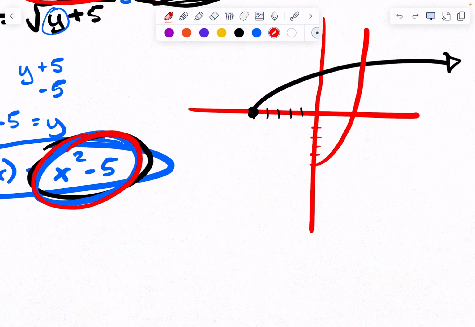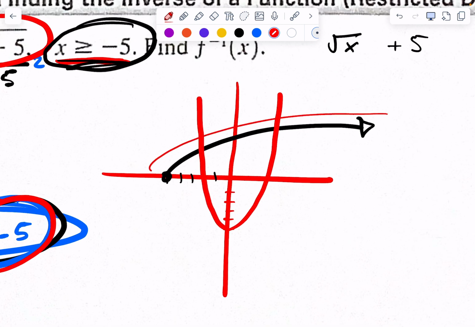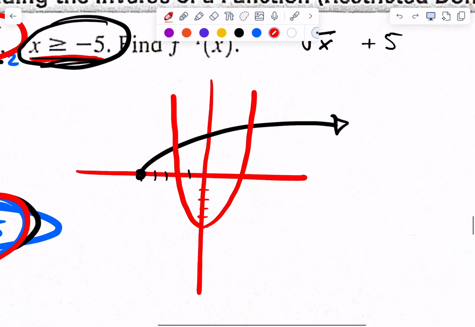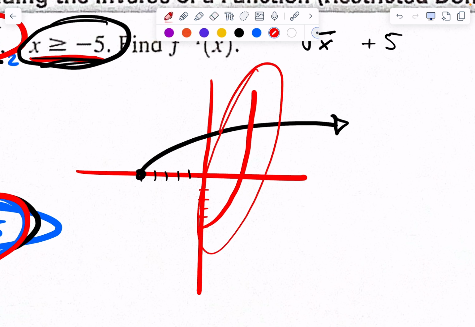Look at my black one. He only has one little piece of him. He doesn't go this direction also. But my x squared function goes both little loop-de-doos, and I only want that loop-de-doo. How do I say that I only want this loop-de-doo?